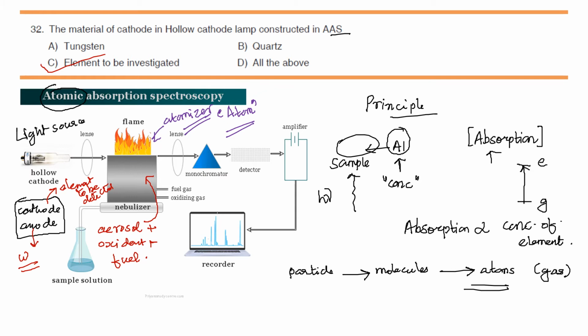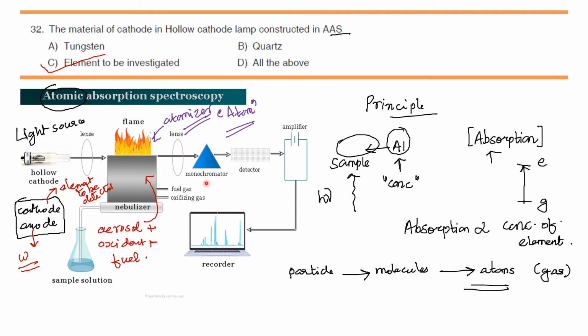I've already mentioned that a particle is converted into molecules, and the molecule is further broken down into atoms in the gaseous form. So when you make this aerosol, mix it with oxidant and fuel and send it to the flame, it produces the atoms in the gaseous form. These are some of the important components of AAS.